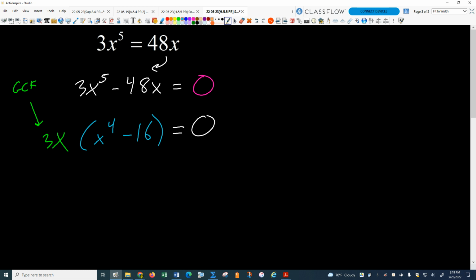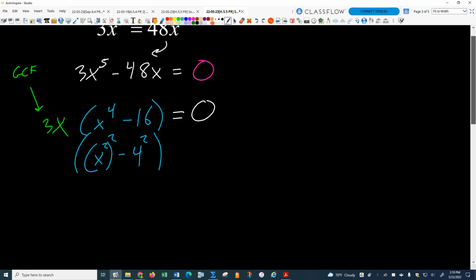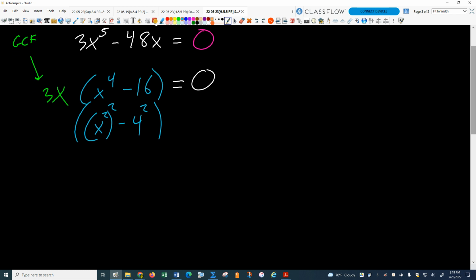So x to the 4th just looks like x squared squared. 16 is just 4 squared. And what would that pattern be then? A squared minus b squared factors into what? Okay, good.